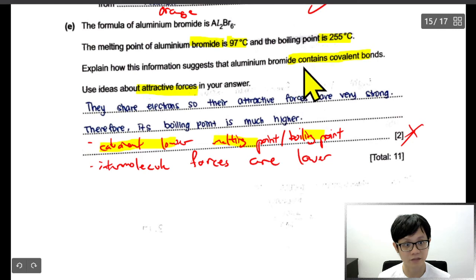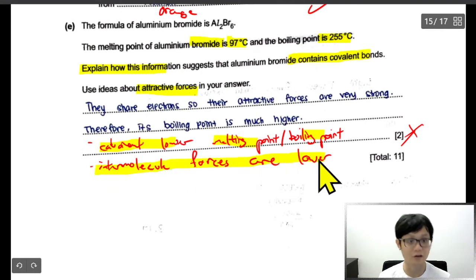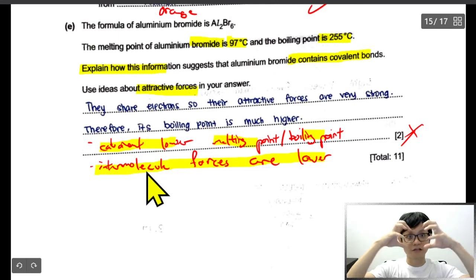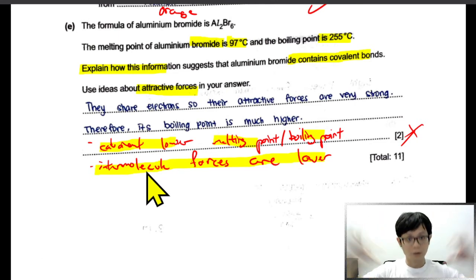The question asks, explain how from this information we know that it is a covalent bond. So from this information, the melting point and boiling point are low, and then explain because the intermolecular forces are lower. So the intermolecular forces that attract are lower, so it's easier for them to break apart.